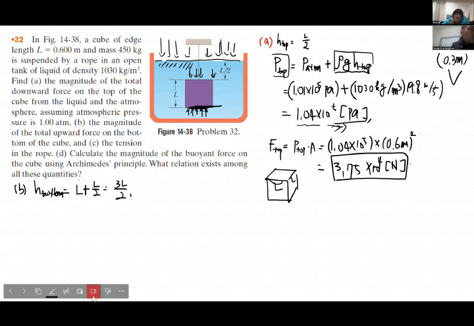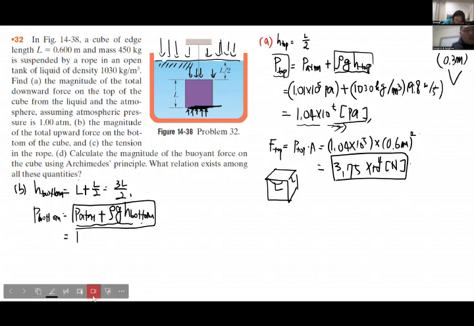So that is 3L over 2. And you do the same thing. The pressure at the bottom of the cube is the atmospheric pressure plus the pressure from the water above.